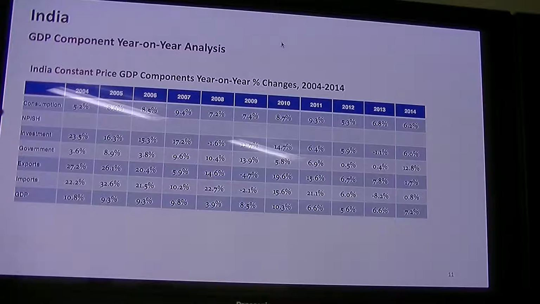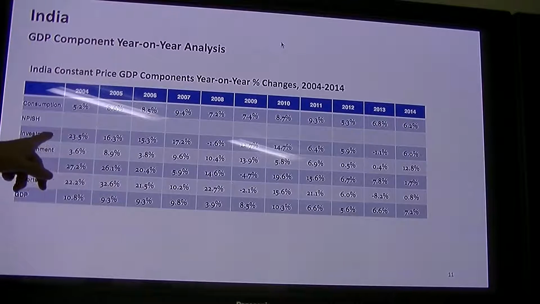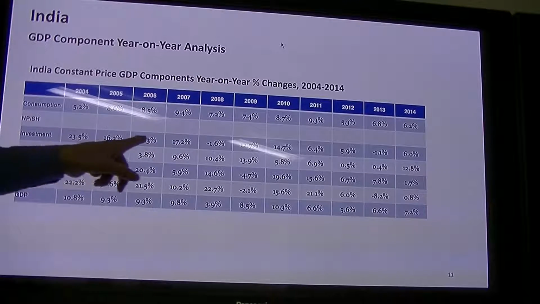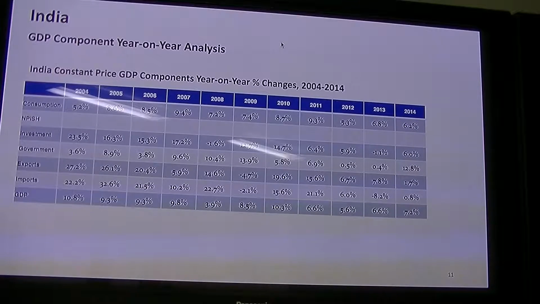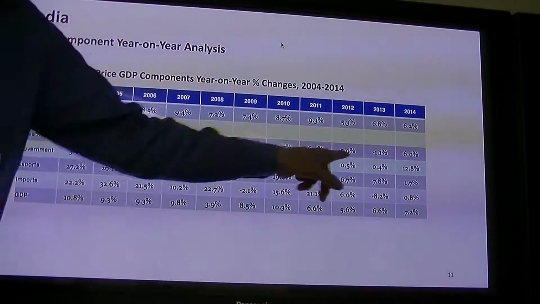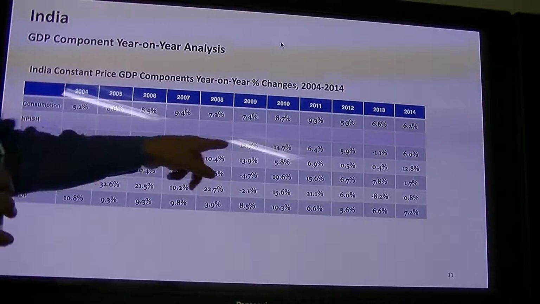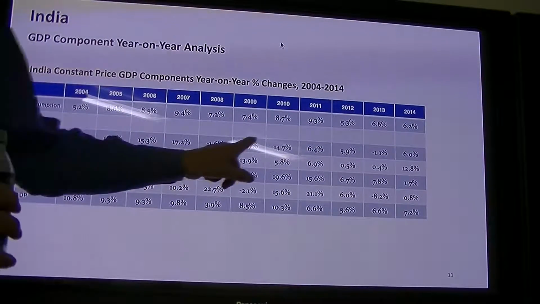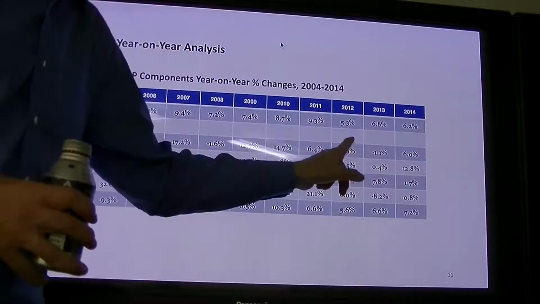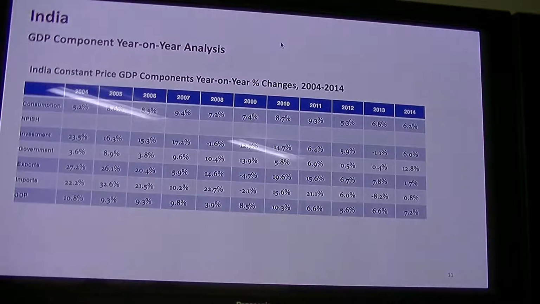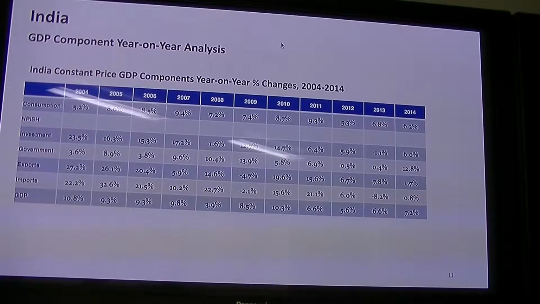India's infrastructure has grown more slowly. Although you can see it's reasonable growth rates, at least in this period. A little bit here, but we've also had some slow areas. So India has had some slow growth in investment over that period.